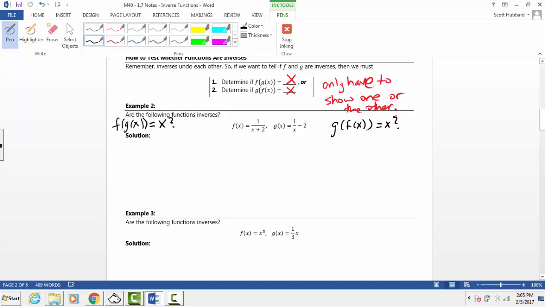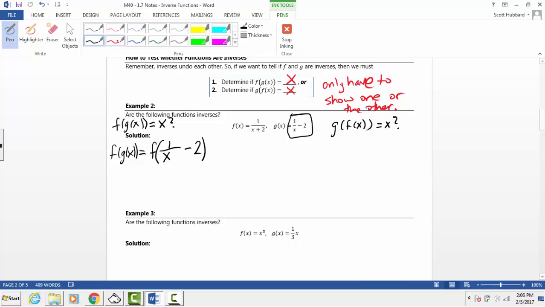Either way, it doesn't really matter. I'll just do f of g of x and see what we get. So this composition is f of g of x, that's going to be f of, what does g of x do? It produces this thing, 1 over x minus 2. So we're going to have 1 over x, take away 2.